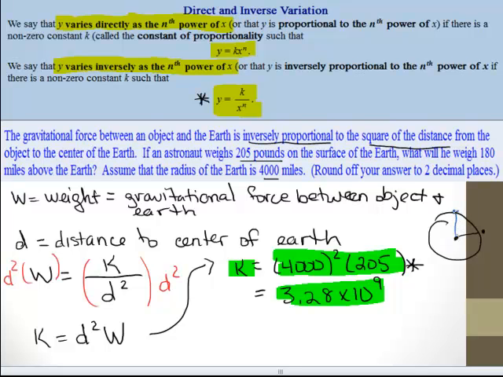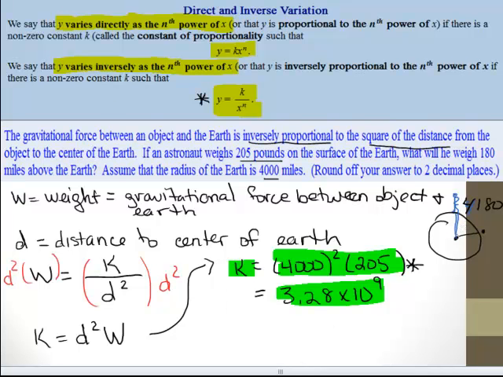If he's another 180 miles above the Earth, then he's standing here. Actually, he may not be standing, right? Then it's the 4,000 plus the 180. So he will be 4,180 miles from the center of the Earth.